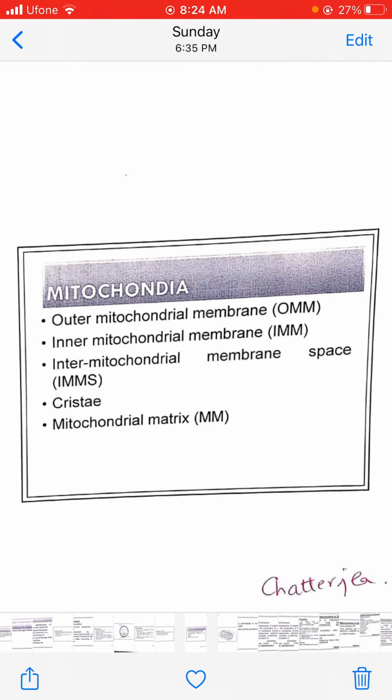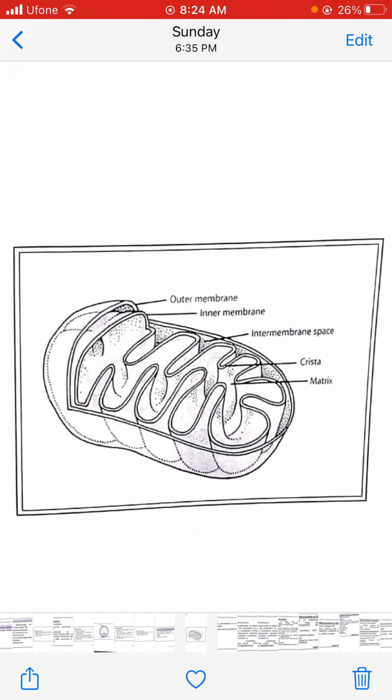So the mitochondria has an outer mitochondrial membrane and an inner mitochondrial membrane, along with the intermembrane space, cristae, as well as the mitochondrial matrix. So this is the structure.